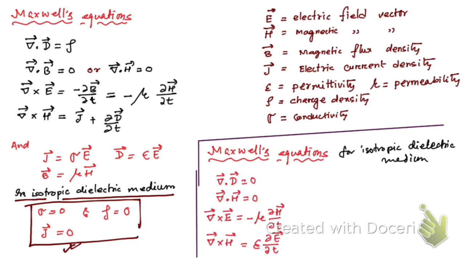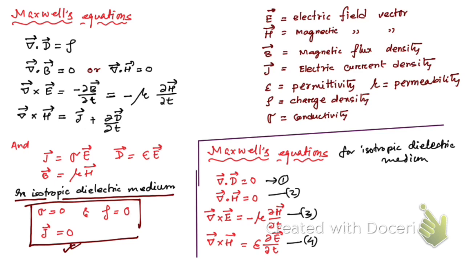So these are the Maxwell equations now for an isotropic dielectric medium. Let it be equation number 1, equation number 2, equation number 3, and equation number 4. What we have done here is that this D can be replaced by epsilon times vector E, and this term becomes 0 now.